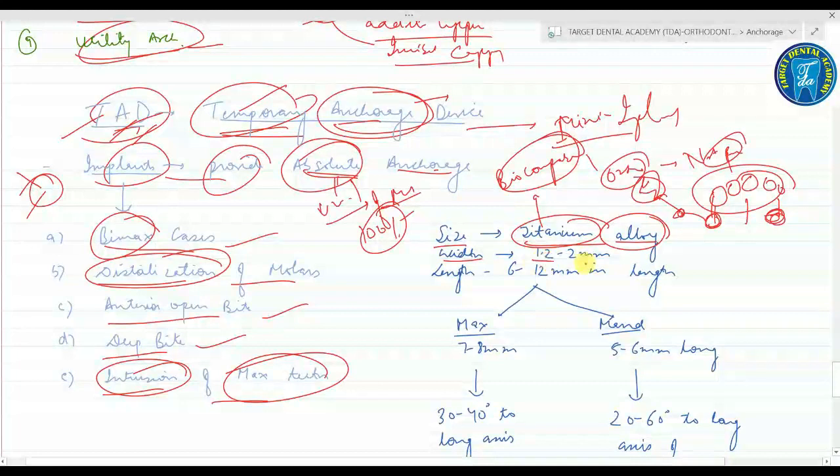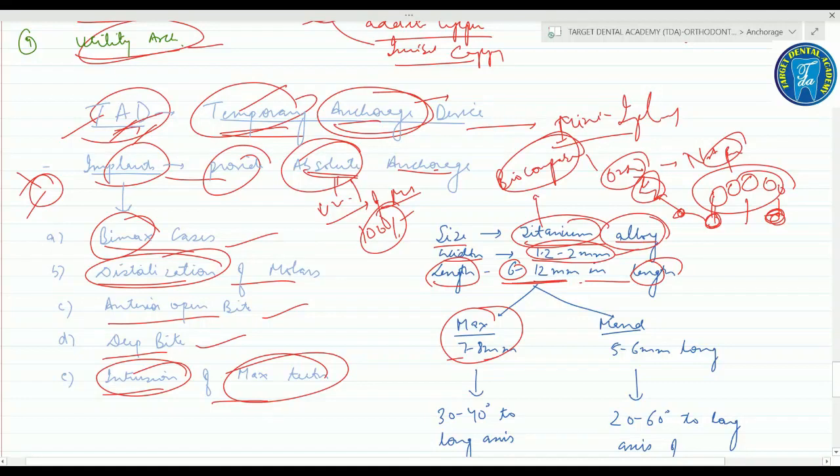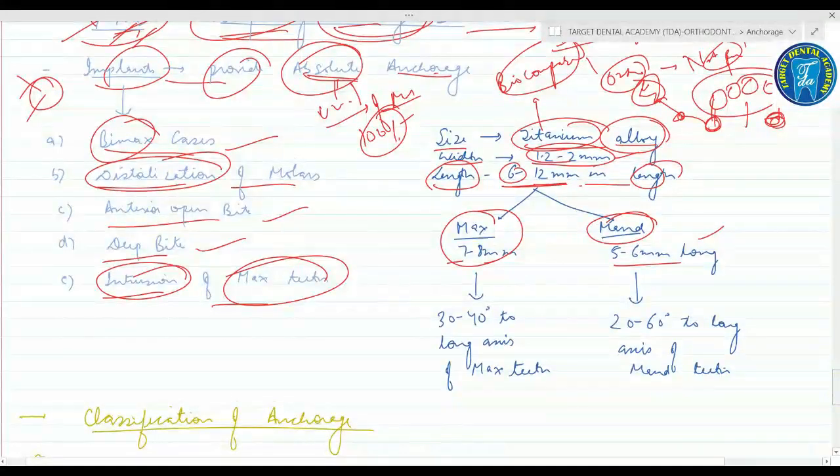The width we use is about 1.2 to 2 mm. The length usually ranges from 6 to 12 mm, but for the maxillary arch we use 7 to 8 mm, and in the mandibular arch we use 5 to 6 mm long. Now coming on to the placement of the implant.